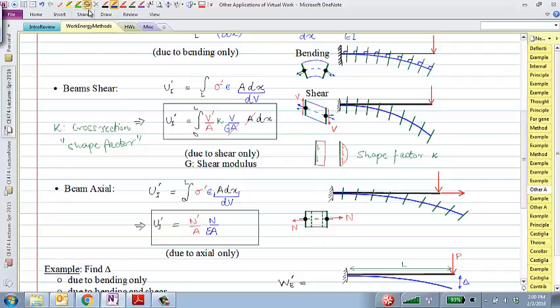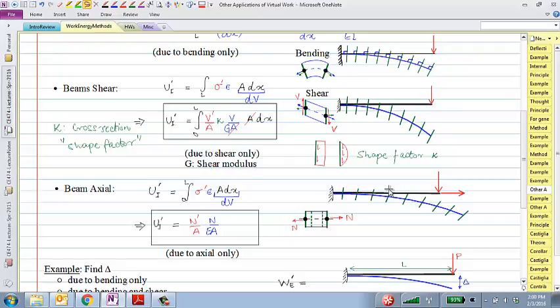Because NL over AE would be the expression we would get if we were to integrate it with dx, right? Integral of N over EA dx would be NL over AE, but we leave it as it is because for beams you might have an axial force in the middle of the beam, and then you would have to integrate from that point onwards.